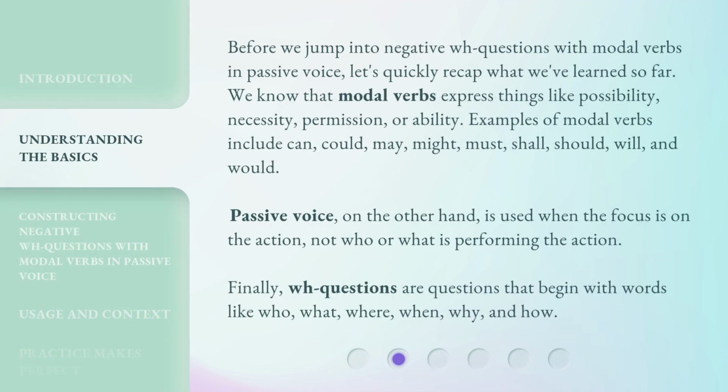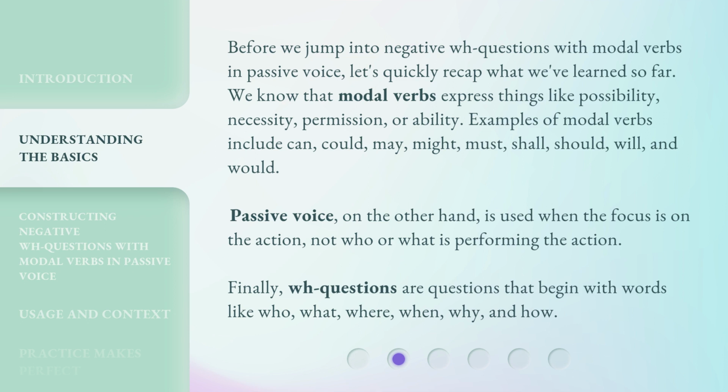Before we jump into negative WH questions with modal verbs and passive voice, let's quickly recap what we've learned so far. We know that modal verbs express things like possibility, necessity, permission, or ability. Examples of modal verbs include can, could, may, might, must, shall, should, will, and would.